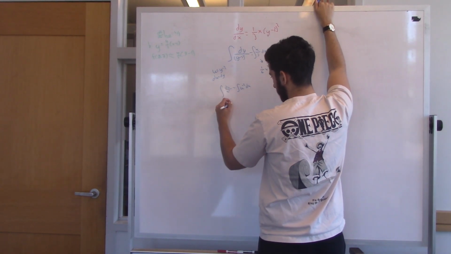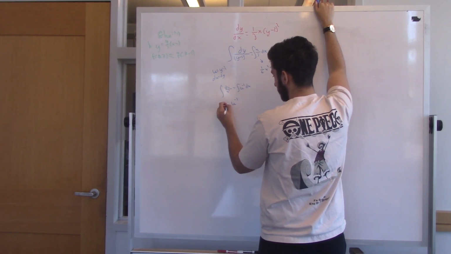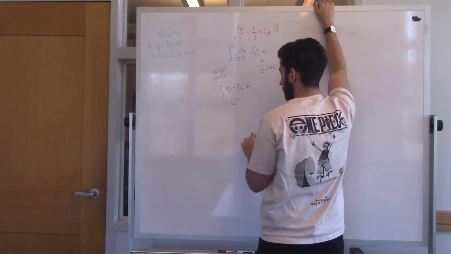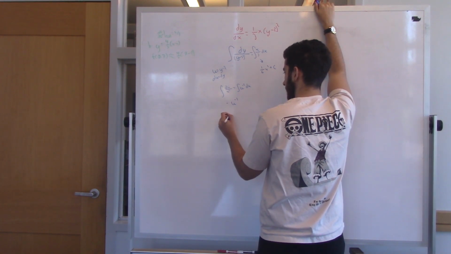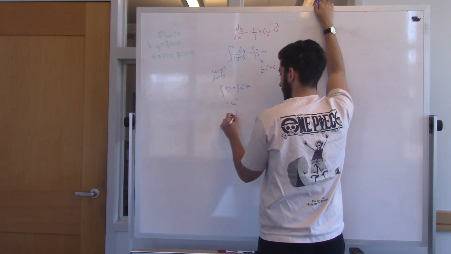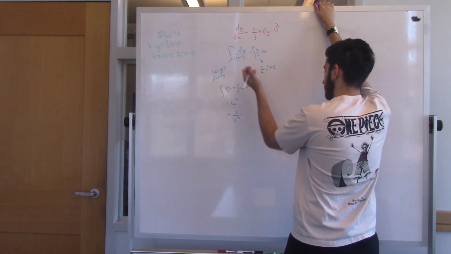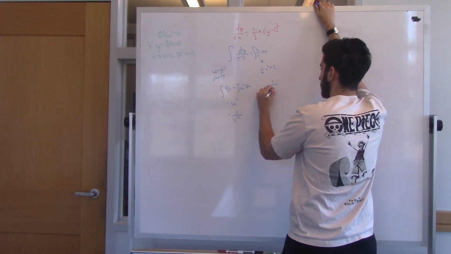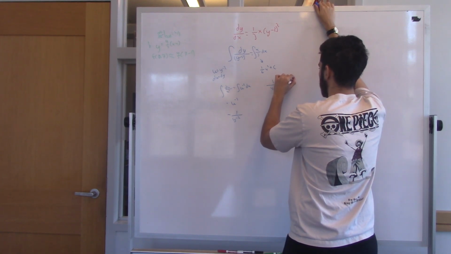We add 1 to the power, so we get u to the negative 1 divided by the new power, so it's just negative, which means we get negative 1 over y minus 2. Bring this all together. Negative 1 over y minus 2 equals 1/6 of x squared plus c.